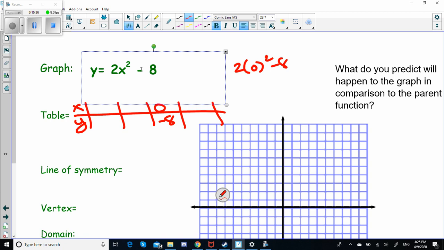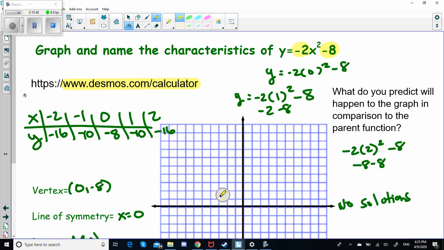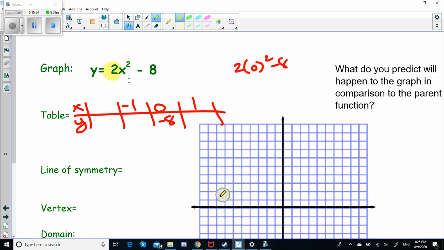So we get the same vertex that we got on the last one. But the other points are going to be different. I can tell by just looking at it because this was a positive 2 rather than a negative 2. The last one had a negative 2 as A, which meant it was going to open downward like a frown. But since this one has a positive 2, this is going to open up like a smile. So I know that these points are going to be different even though the vertex is the same.